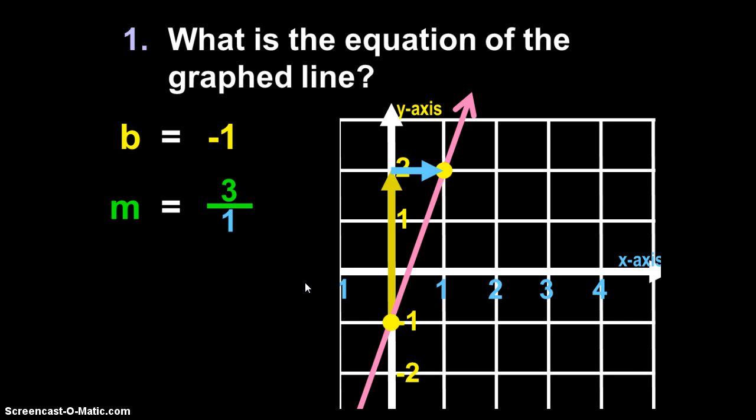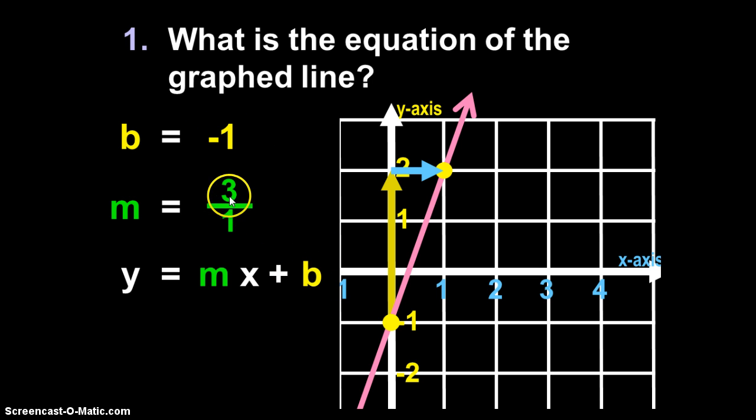Okay, so now I have b and m. b is the y-intercept, and m is the slope. I can get the equation now. y equals m times x, 3 over 1. So this is m, and I have b, -1.